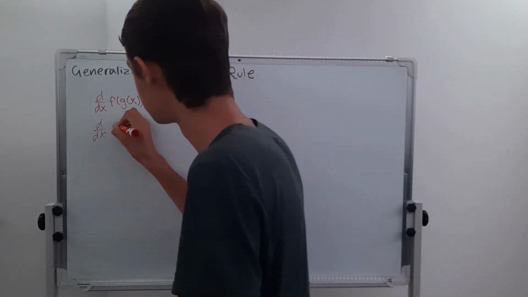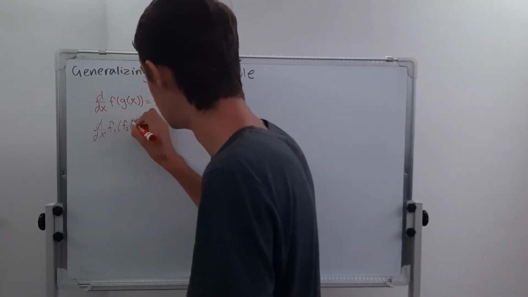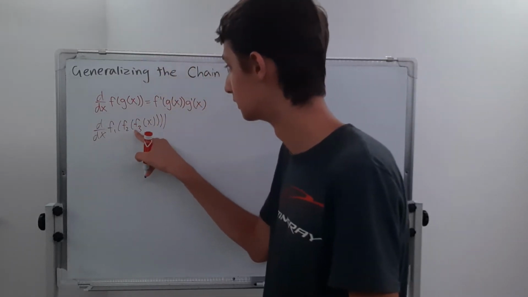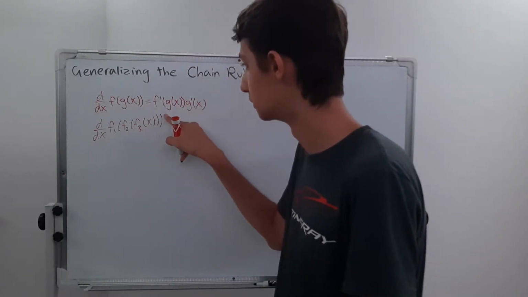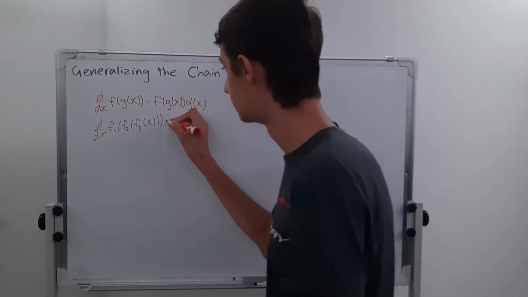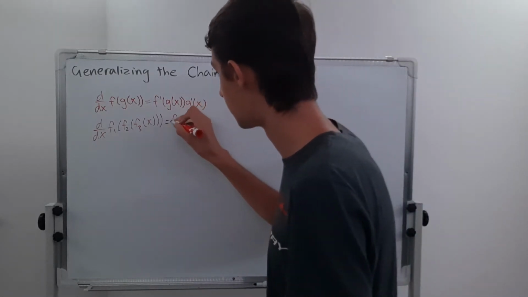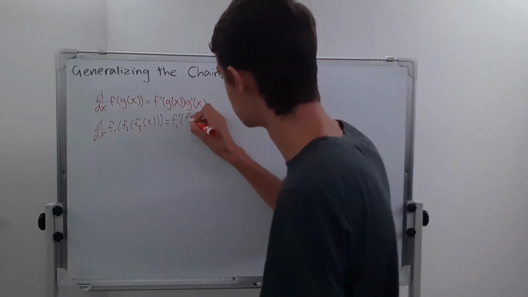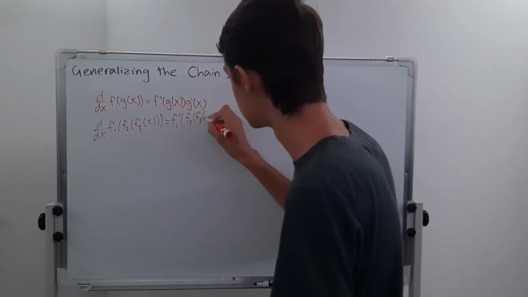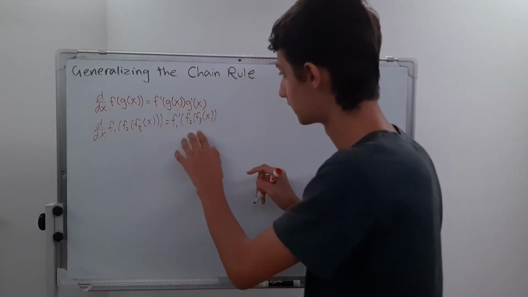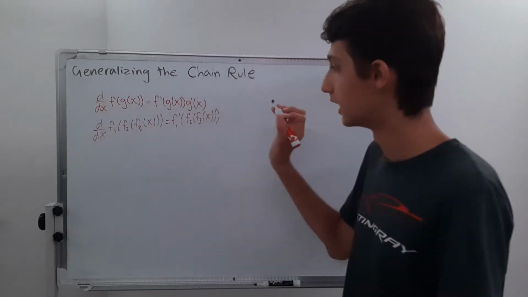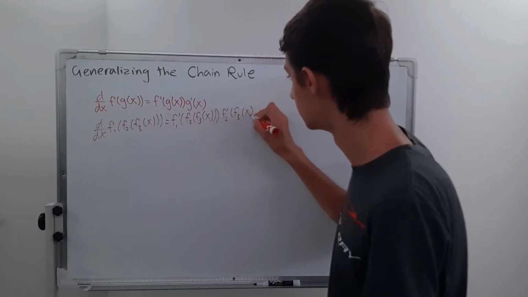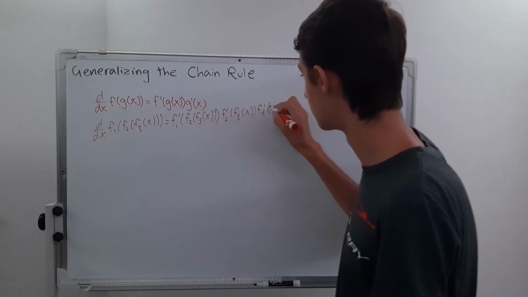So if we have f1 of f2 of f3 of x, it's a lot of parentheses. The derivative of this is going to be, well, we take our outer, so f sub 1 prime, of the inner, so we'll take f2 of f3 of x, and then we'll take our f2 prime, and then times f3 of x, times f3 prime of x.